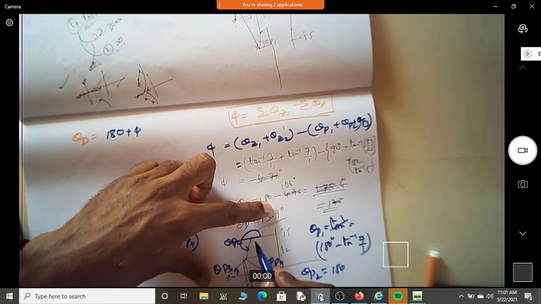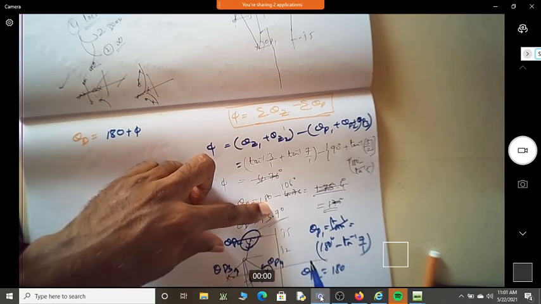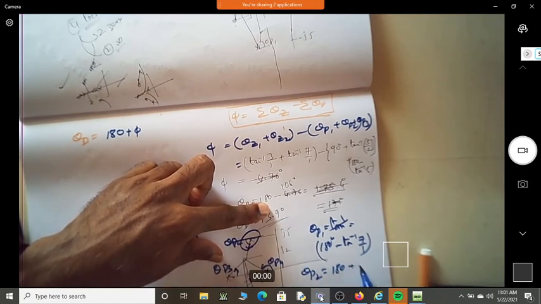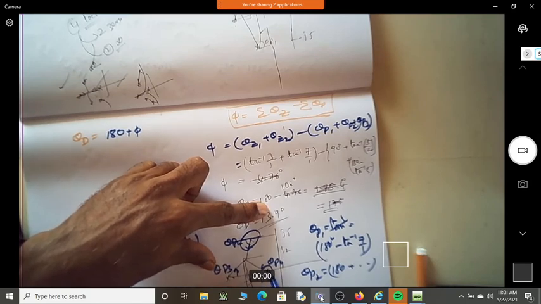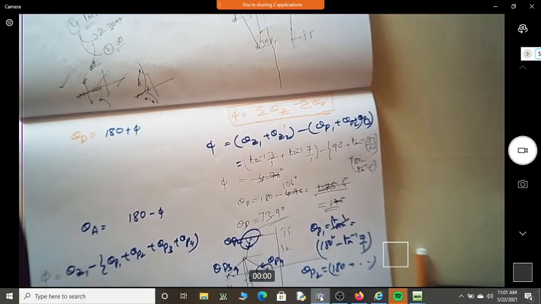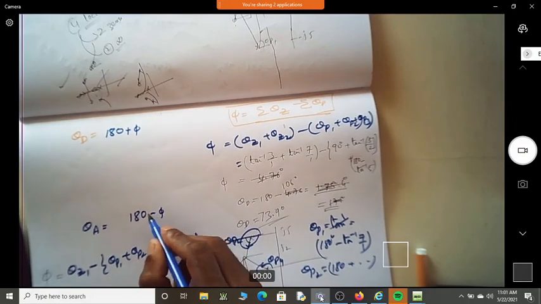This angle I need to find, or you can find 180 plus or 360 minus this angle, whichever is easy. What is theta p4? It is 180 minus this angle, and theta p3 is tan inverse of this, and theta z. So upon doing all these things, you'll get an angle phi that you subtract from 180.